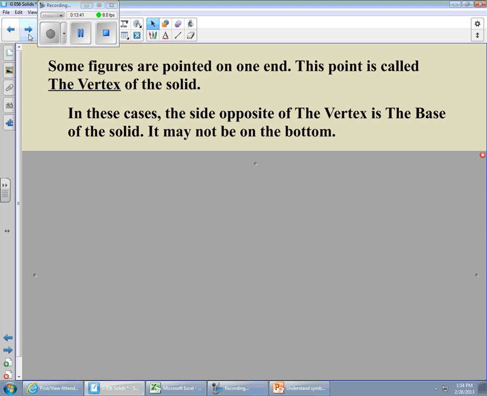All right, back to the vocabulary. I already said we learned to hate the word vertex because we have like 4 different definitions for it now. Oh, now we're going to have 5 definitions for it. Some of our solids are going to be pointed on one end.